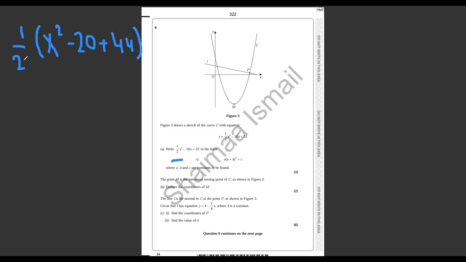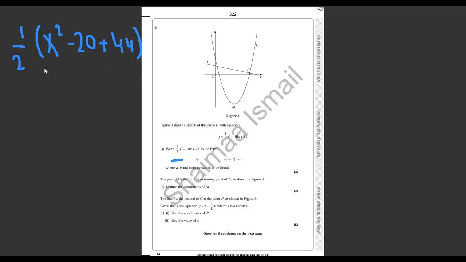We split the coefficient of x because if you multiply half by 20, it gives us the 10, and half by 44 gives us the 22.